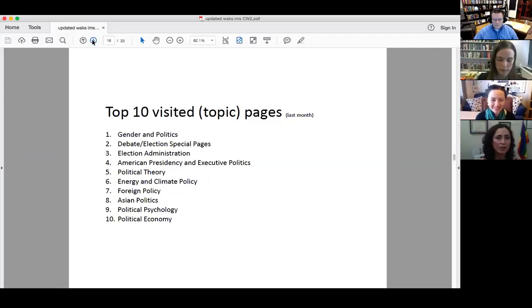The Women Also Know Stuff website had special pages that we put up where women who agreed to be part of our special features were included as experts on the election, experts in terms of being able to respond to the debate and respond to media inquiries about the debate. And we were able to include scholars about election administration, folks who are specialists in Latino politics, including some bilingual scholars. And so we're happy to say that those got a lot of hits, and we've seen that a lot of those women did get contacted by the media.